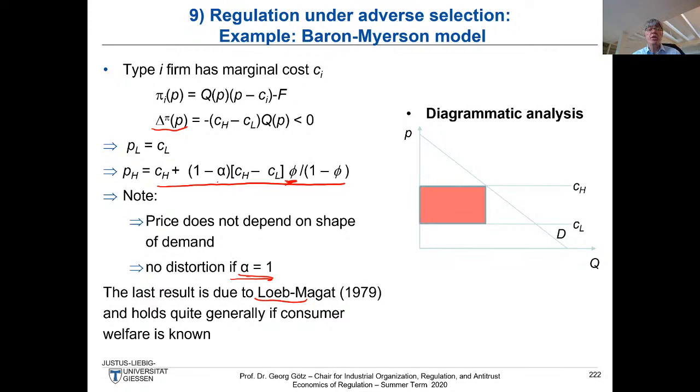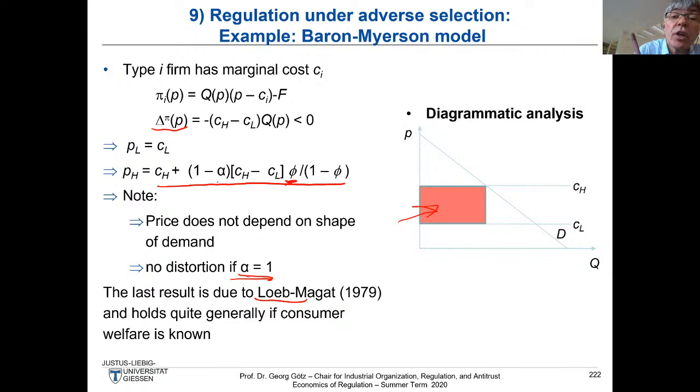So what I try to show you by means of this diagram here is this: if you start out with a contract which prescribes price equal marginal cost, so PH equals CH, you have to pay this red area in terms of a rent to the low type in order to satisfy the incentive compatibility constraint. Okay, why do you want to do this?